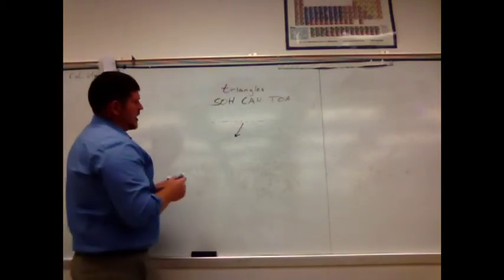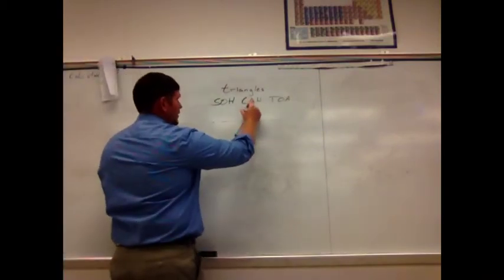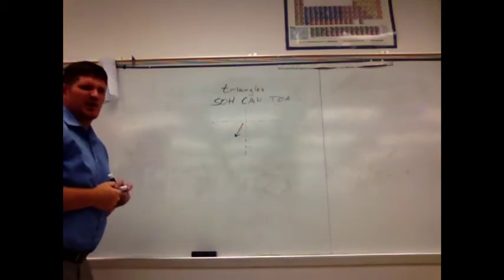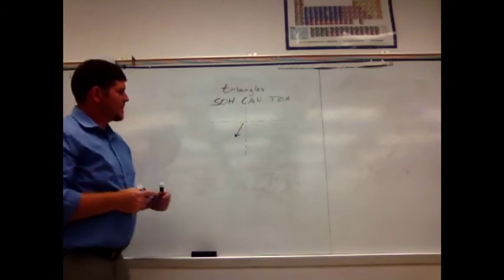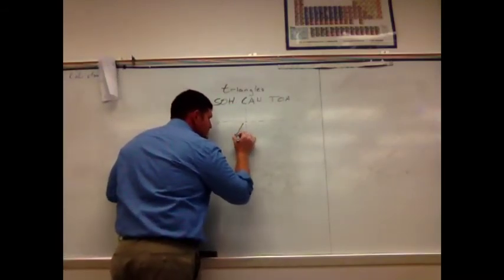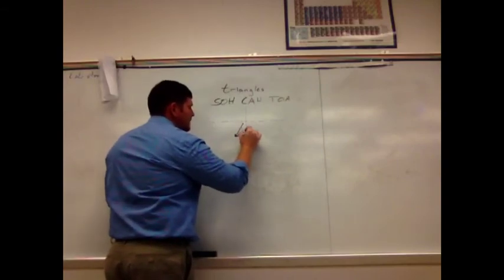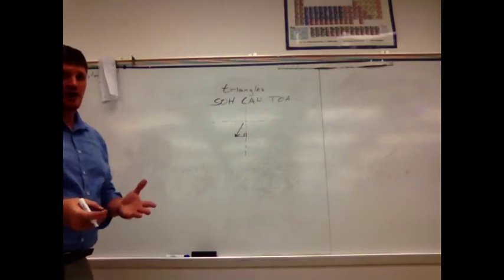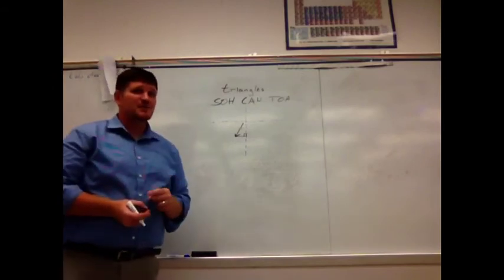I'm going to have to draw a vertical line, and then I can draw it directly to my y-axis. And once again, now I've got a right triangle.